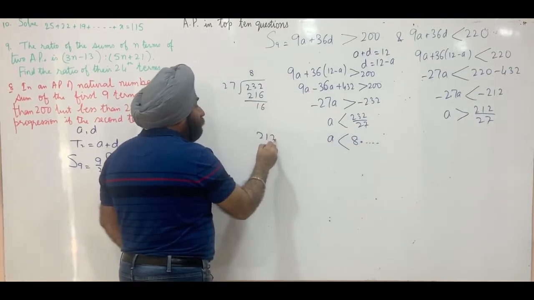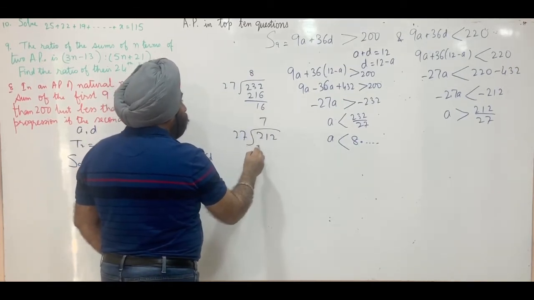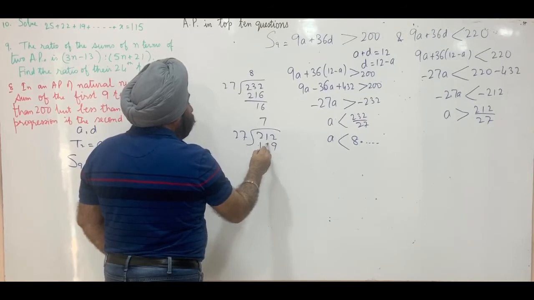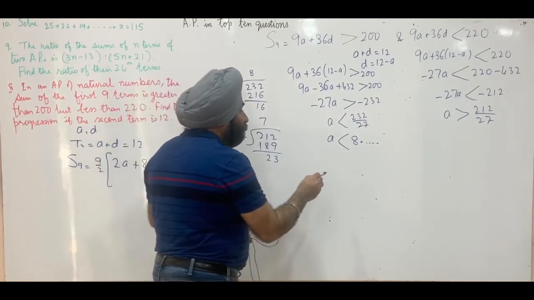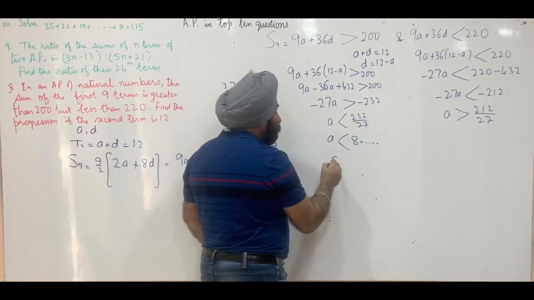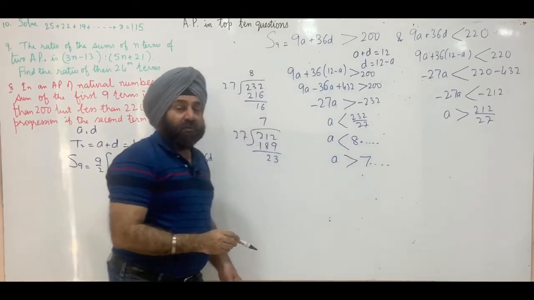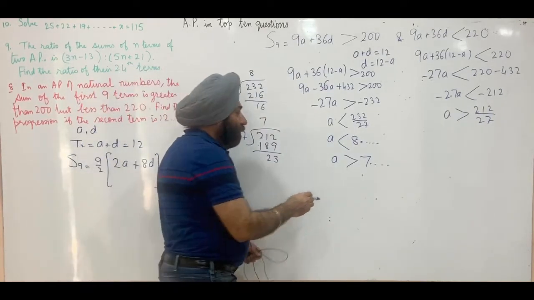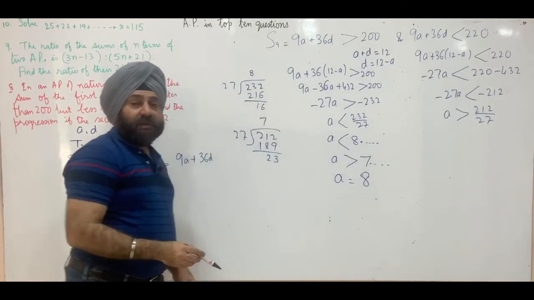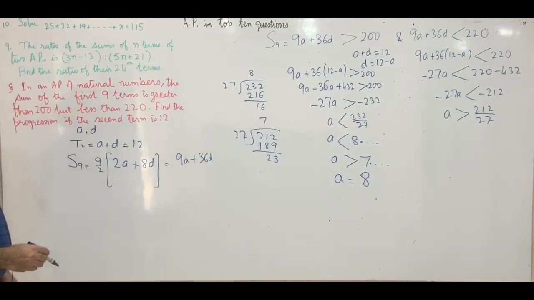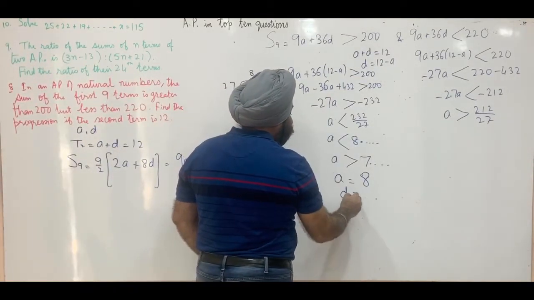And 212 divided by 27 is 7 point something, so A is greater than 7 point something. So this means A is equal to 8, because A and D are natural numbers. A plus D is 12, so D is equal to 4.